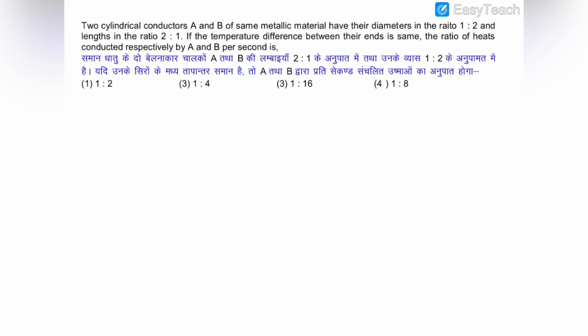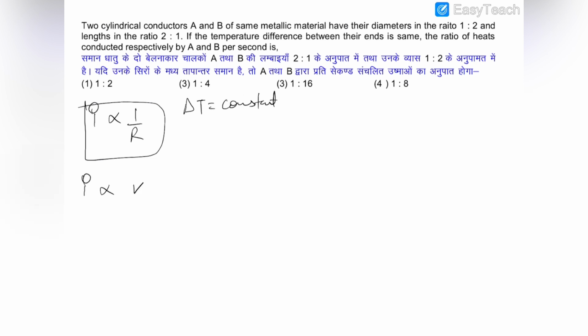The temperature difference between their ends is maintained the same, and we have to find out the ratio of heat currents through the cylinders A and B. So we know that I is inversely proportional to R if delta T is constant, and therefore I is proportional to KA by L, because R is L by KA.